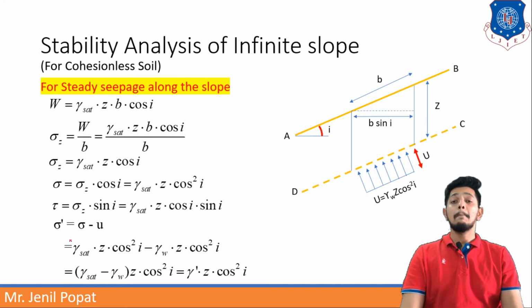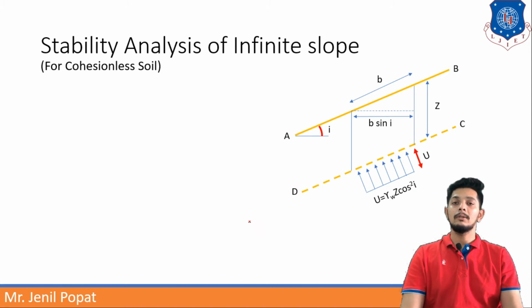Now deducting pore water pressure from total stress, I will get sigma dash as gamma saturated minus gamma W into Z into cos square I, and gamma saturated minus gamma W will be gamma dash. So we can write sigma dash as gamma dash Z cos square I.